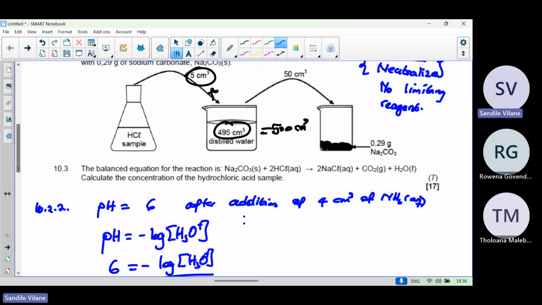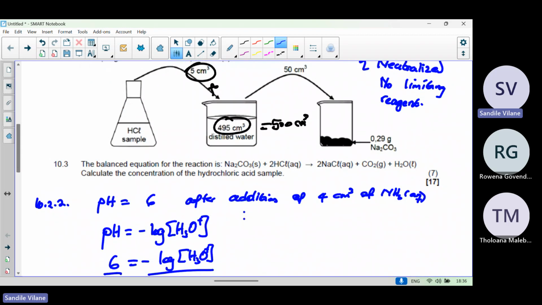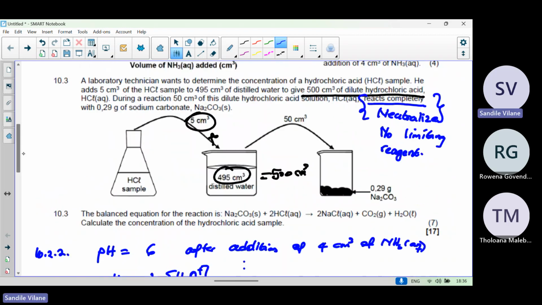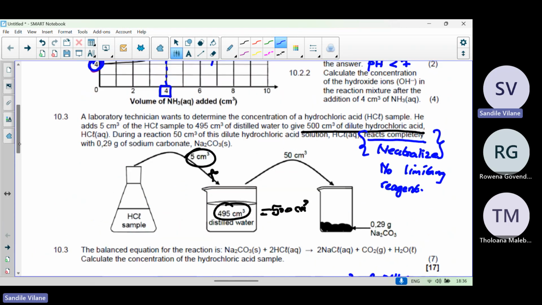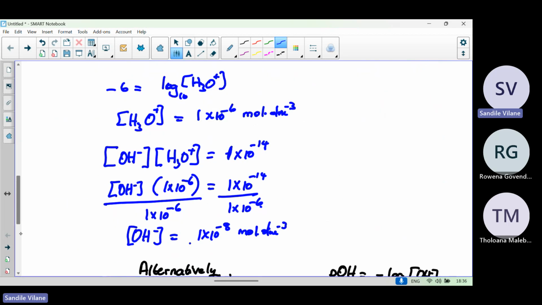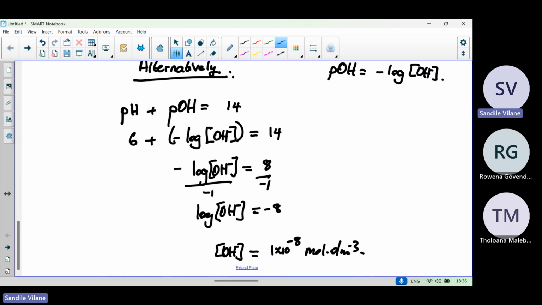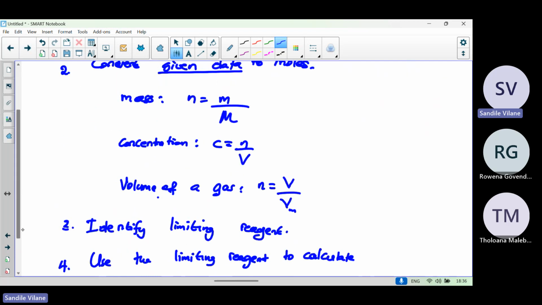Step number 1, we already have the balanced equation. Step number 2, let us now convert the given data. What are we given? We are given the mass of sodium carbonate. How do we convert it from the mass to the number of moles? We said we have to use the formula n = mass over molar mass.